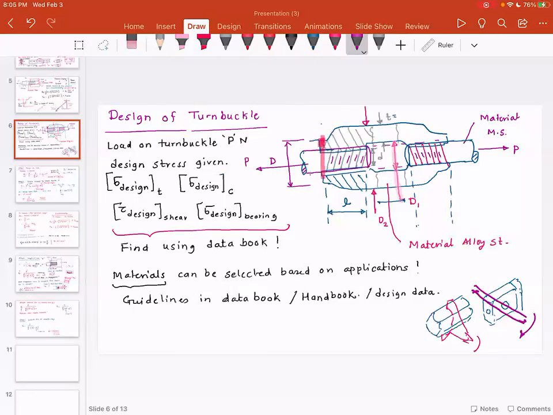We will find out the torque. We'll find out the shear stresses because of the torque. We'll find out the normal stresses because of the load. And since the shear stresses and normal stresses are acting simultaneously, we will have to find out the principal stresses. So I'll just take an example rather than giving you the design recipe. But the process is going to remain the same.